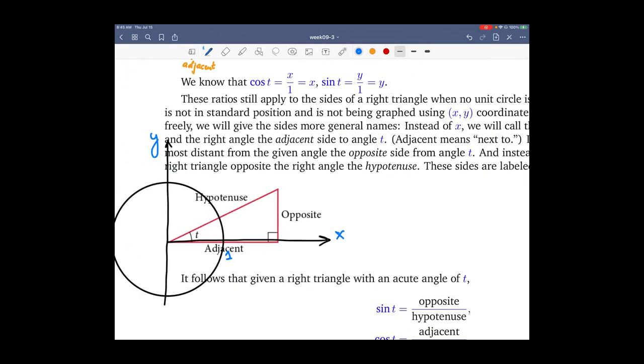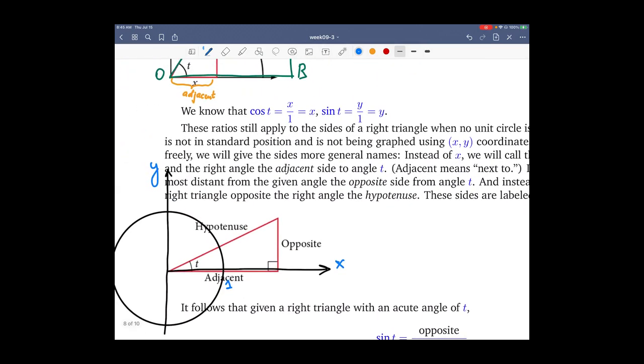So that the coordinates of this point are cosine t, sine t, and I again have two similar triangles, the blue one and the red one.